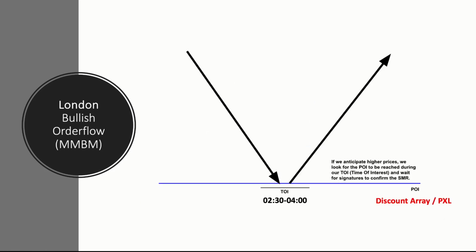So to finalize the schematic that we've been discussing during the past few lectures, if we are bullish, we are looking for the following. We are looking for sell side delivery to occur into a point of interest, into a discount array or a PXL, for example, previous session low, specifically the Asia session low or the previous day low, during 2:30 to 4.